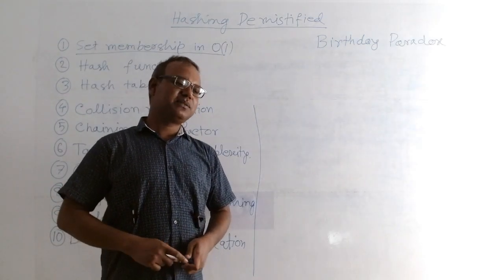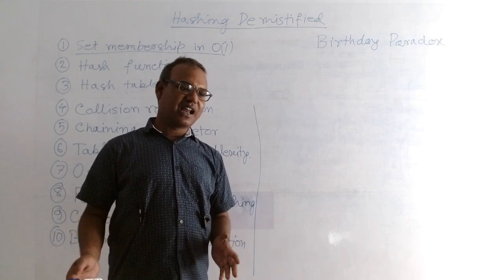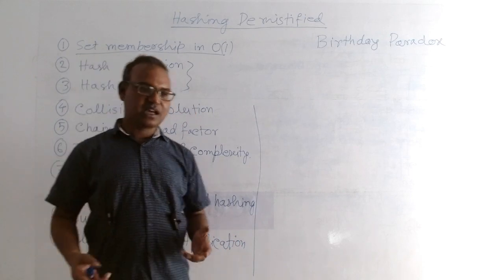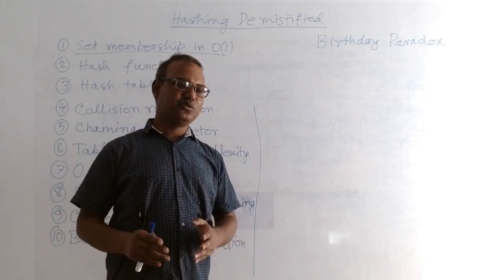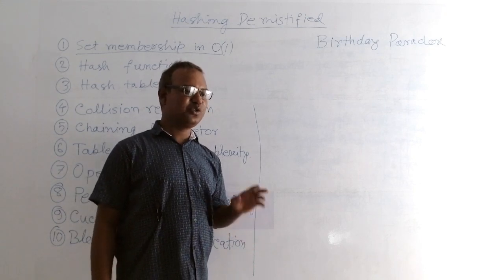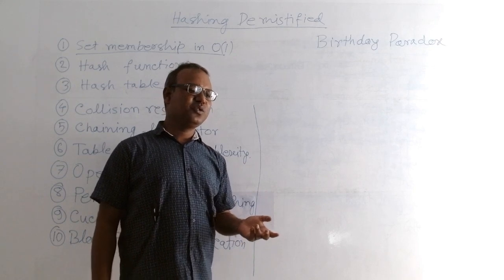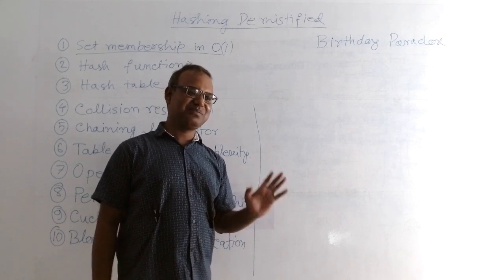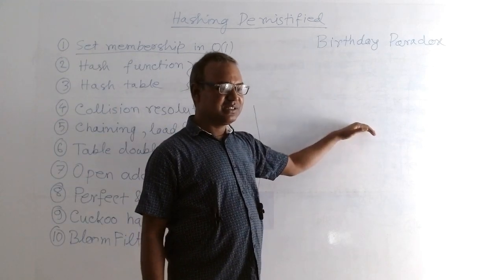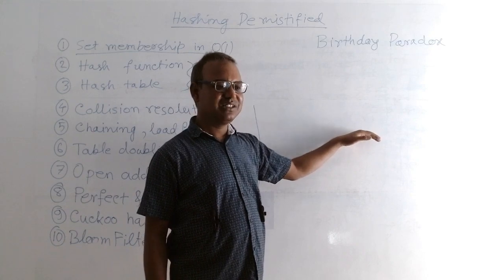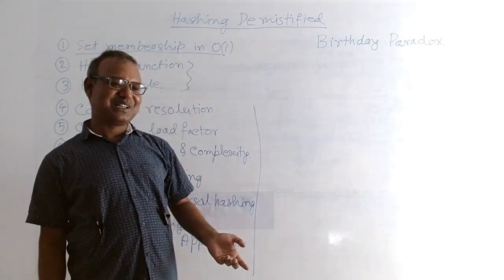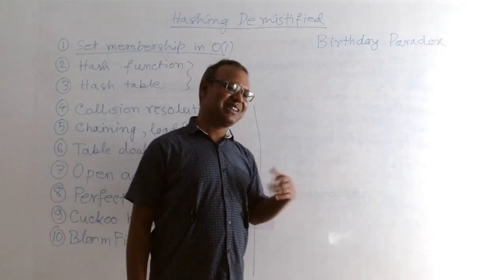Birthday paradox means suppose there is a class of 30 students, and if I ask how many of you share the same birthday, there will be more than 50% probability that one pair share the same birthday. And this happens if there are 22 or 23 students, then it is already more than 50% probability. For 30, it will be a higher probability.